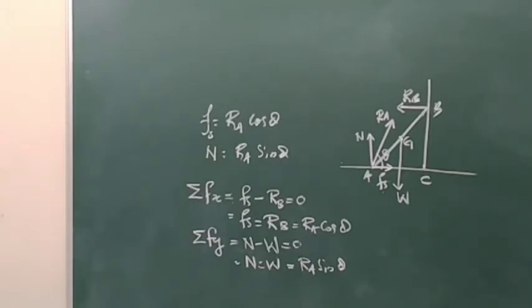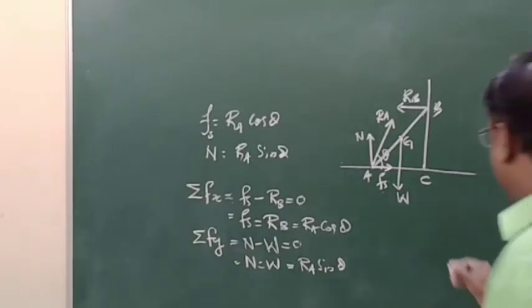W is acting in the vertically downward direction and RB is acting in the horizontal left direction. So minus W into AD, where AD is the distance from the point A. We are taking the moment about the point A.